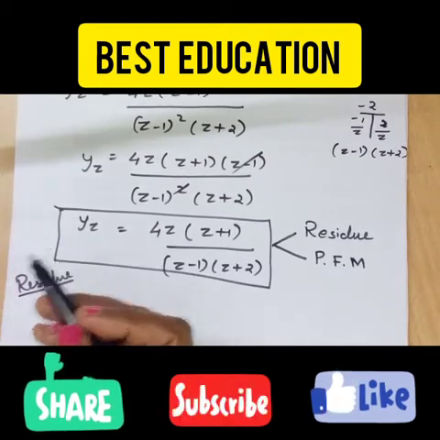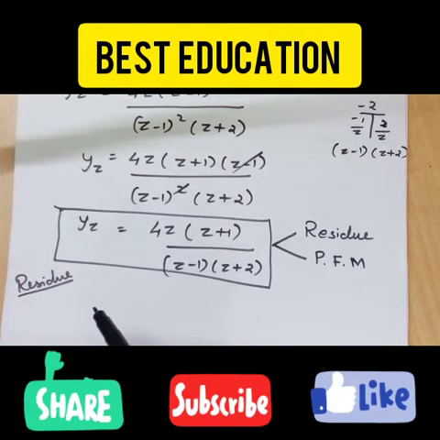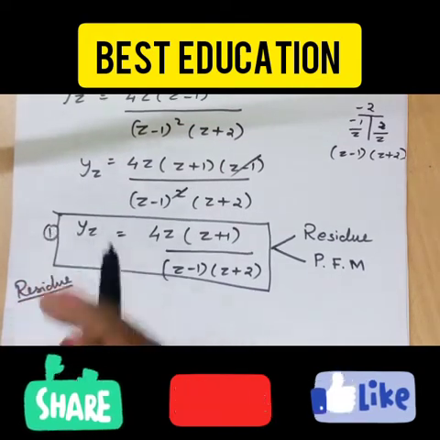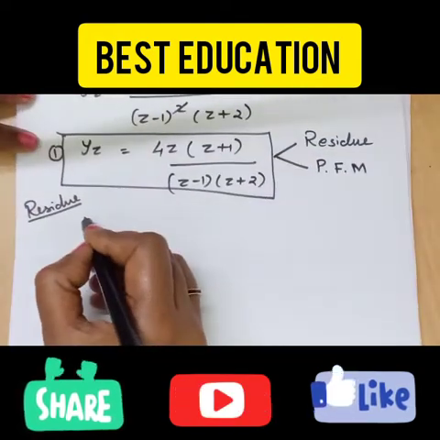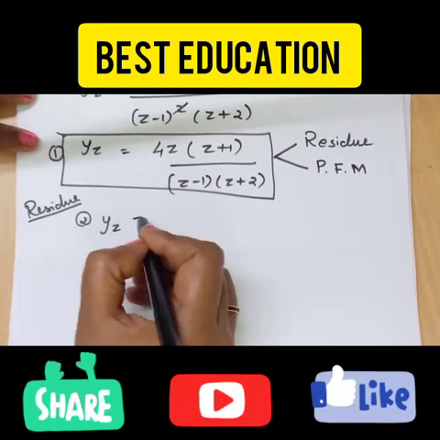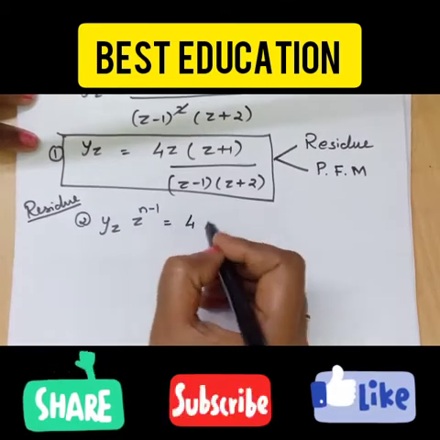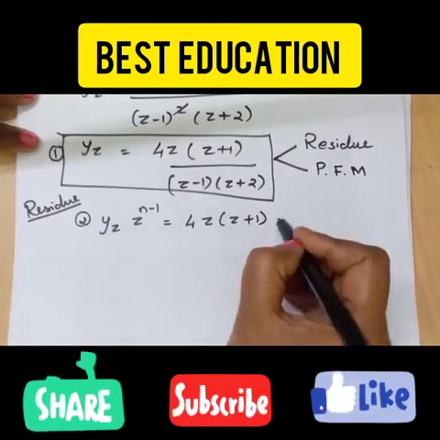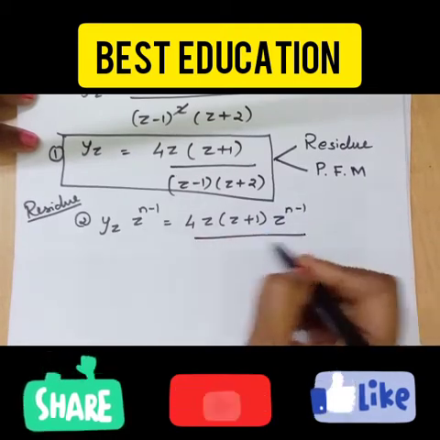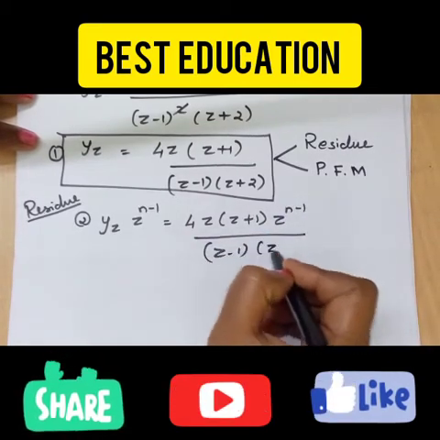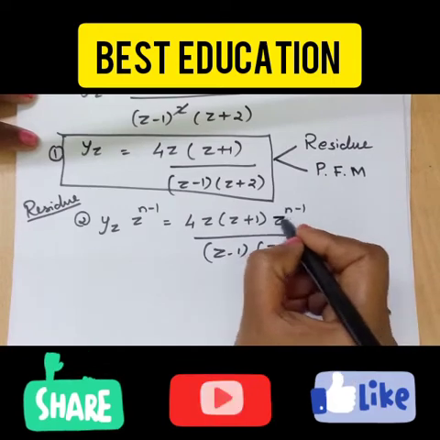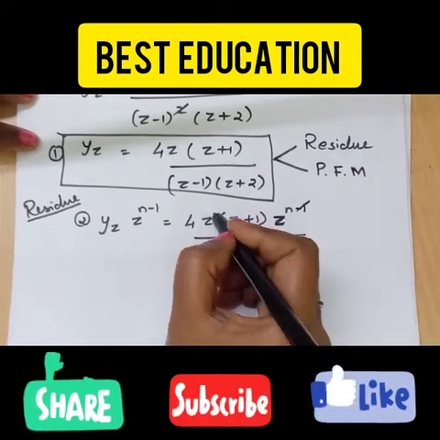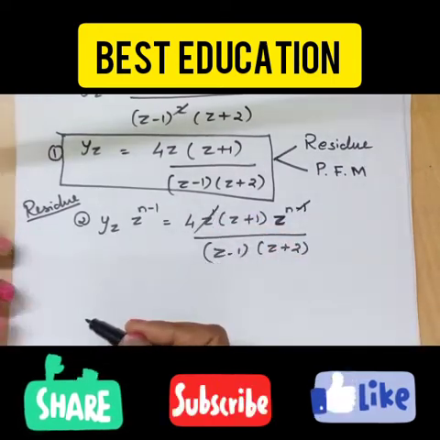For the residue method, totally we have 5 steps. This is the first one. The next step is we are going to multiply z power n minus 1 on both sides. That's the second step, right? Here z power minus 1 means that minus 1 and z power 1 get cancelled.